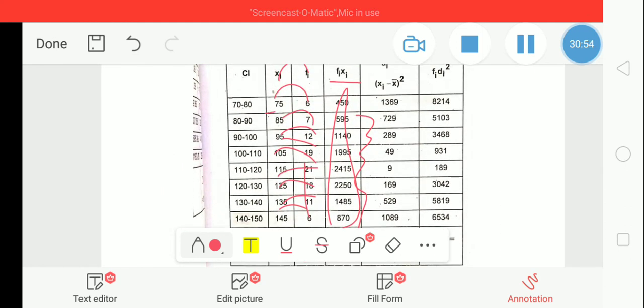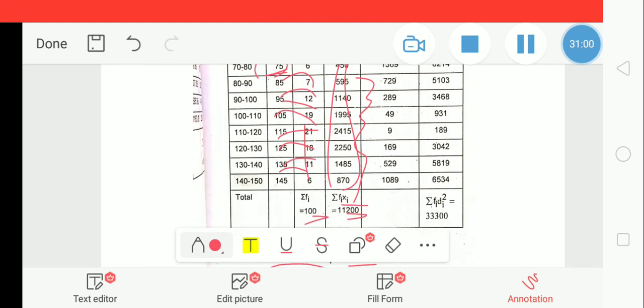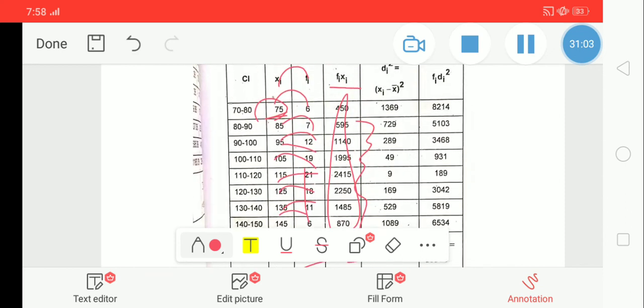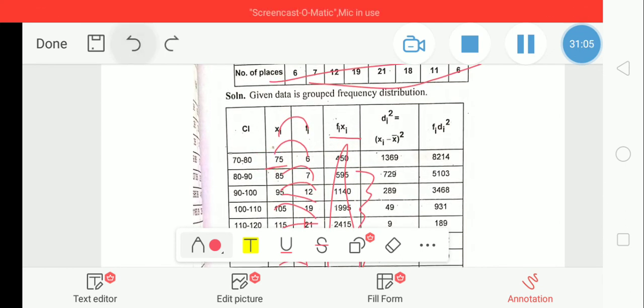Now here the values are larger, so we apply this formula. So di square is equal to xi minus x bar, then whole square.